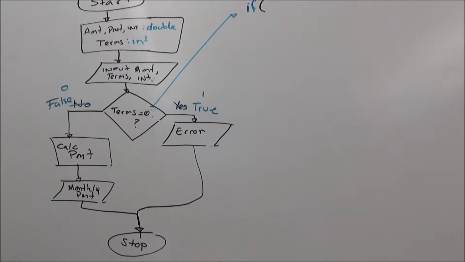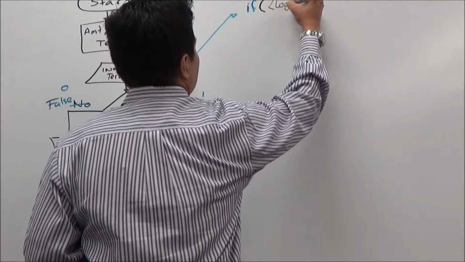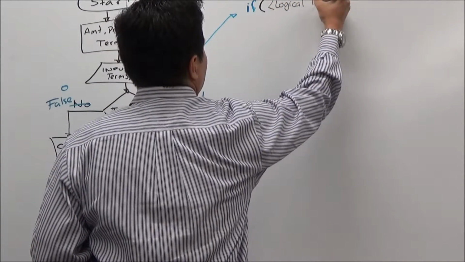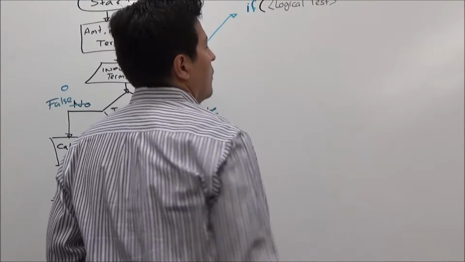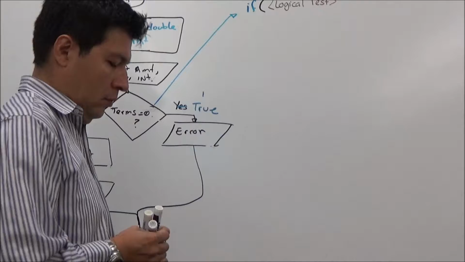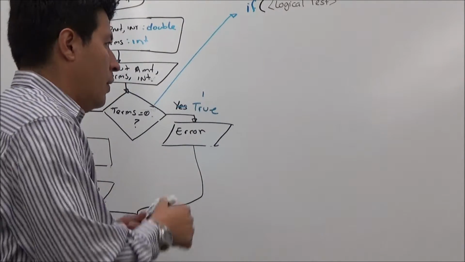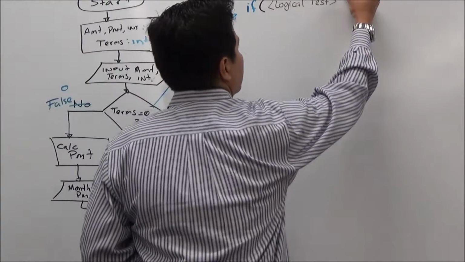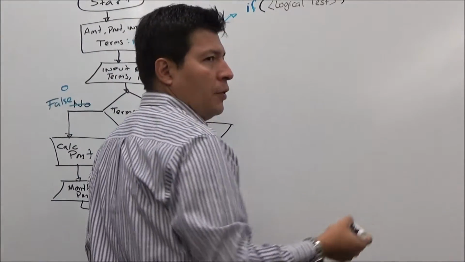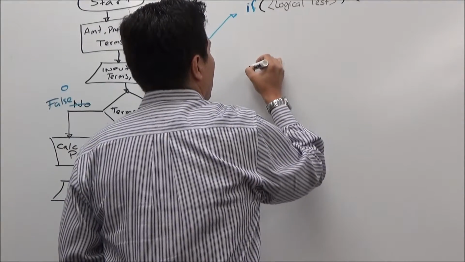And inside the parentheses, we have what we call a logical test. Some books call it a condition. So it's just like a function. When we declare a function main, we use our curly brackets. We close the curly brackets.